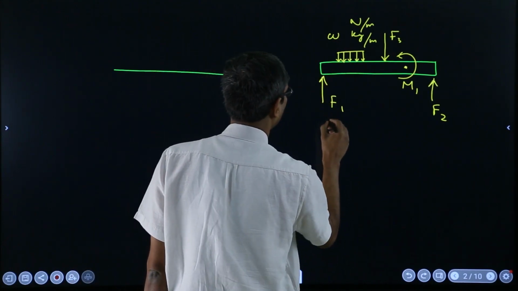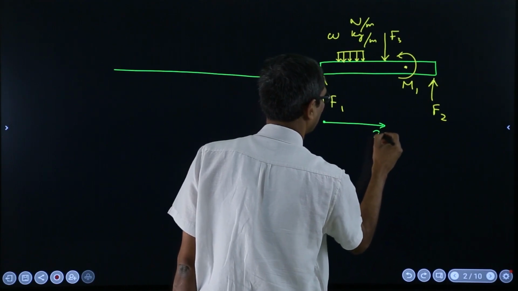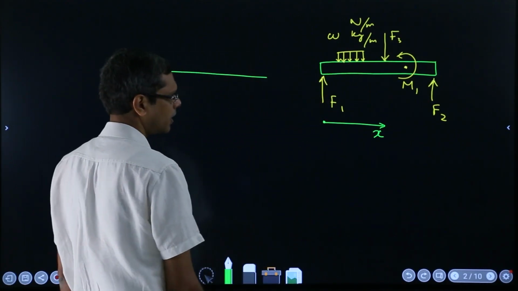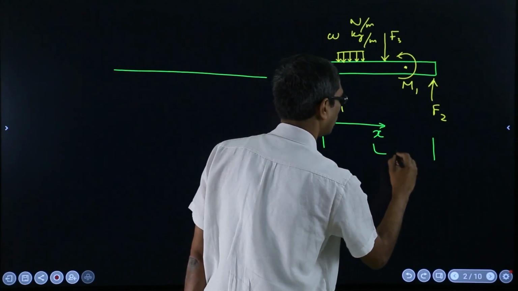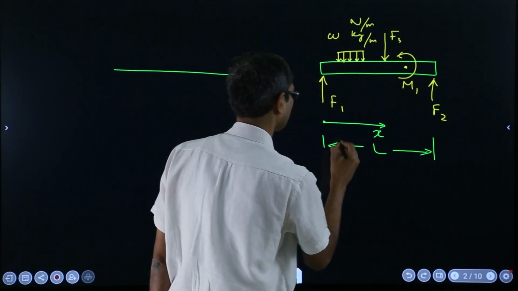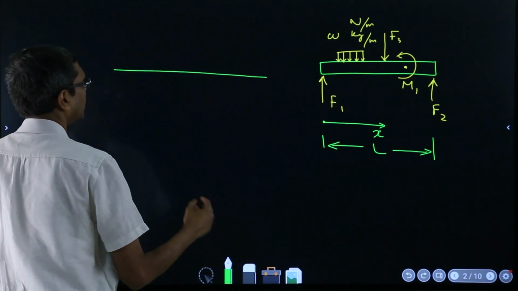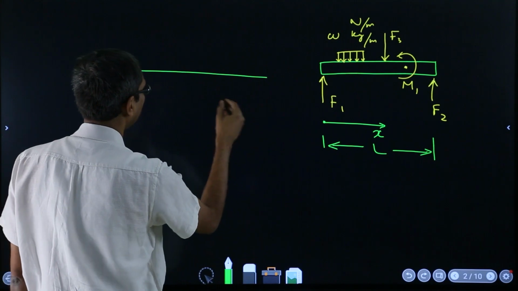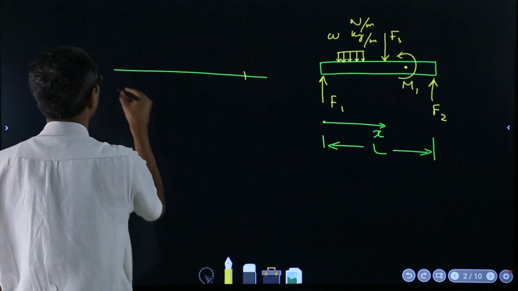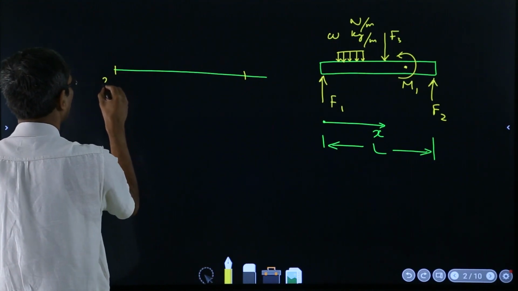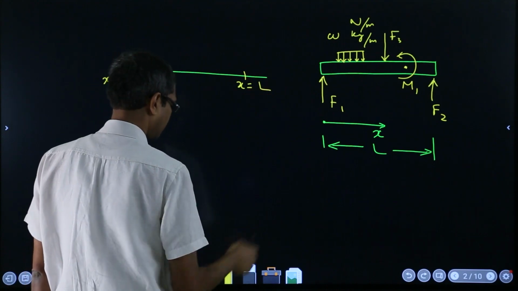Suppose I define my coordinate system's origin here, and this side is x, and the maximum length of the beam is L. So x varies from 0 to L. That means I will require the diagram to be from here to here, from x equal to 0 to x equal to L.